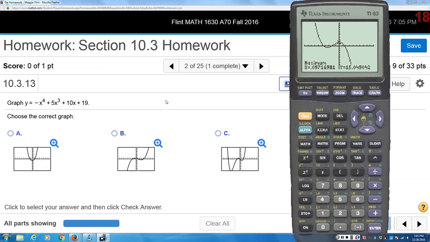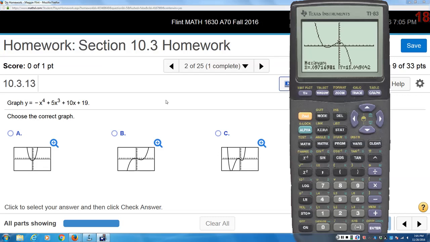Okay? But what you just said before I go ahead and graph it works the same way for quartic equations or any even degree power, 4th degree, 6th degree, 8th degree. Either both ends point up when A is positive or both ends point down when A is negative.